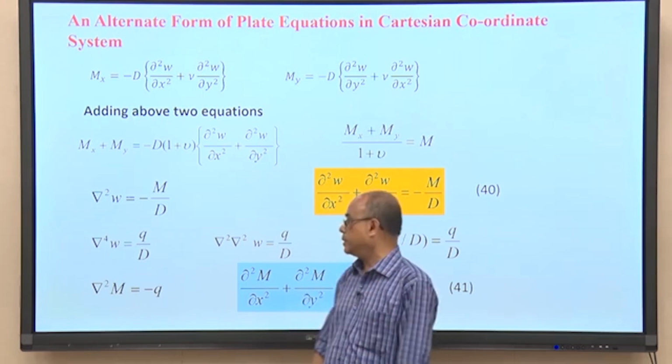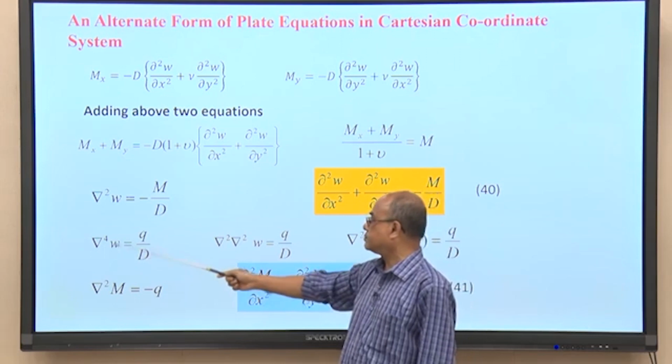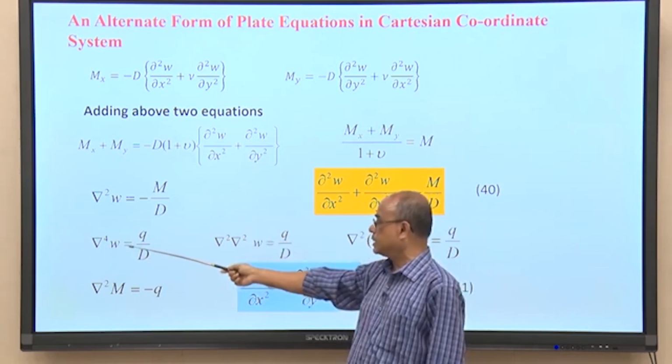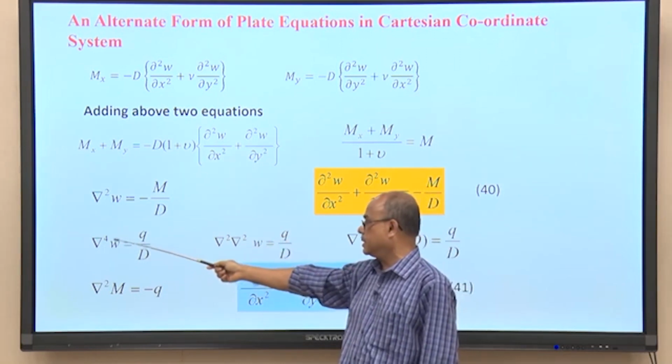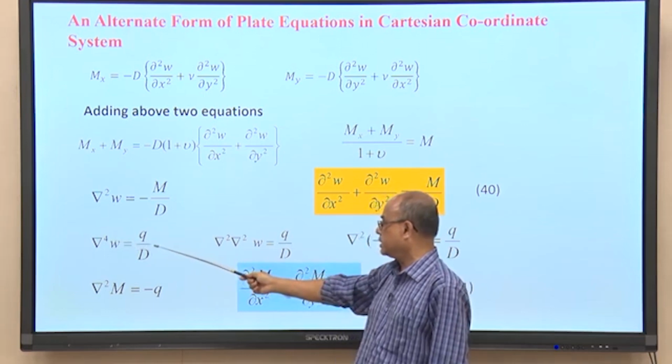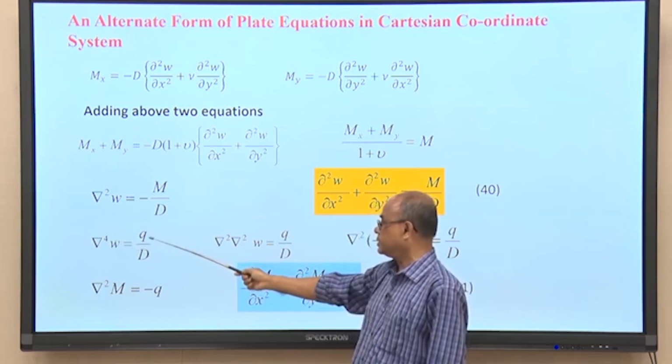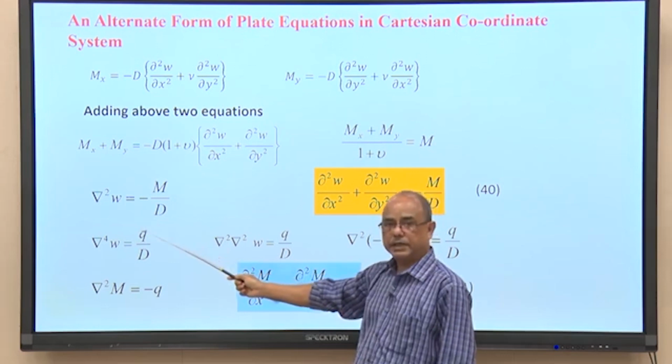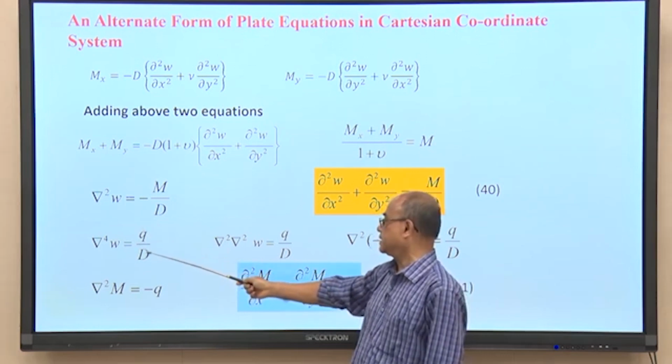suitable change of variables. Now, the original equation in terms of W is del 4 W equal to Q by D, where Q is the distributed load per unit area of the plate, D is the flexural rigidity.